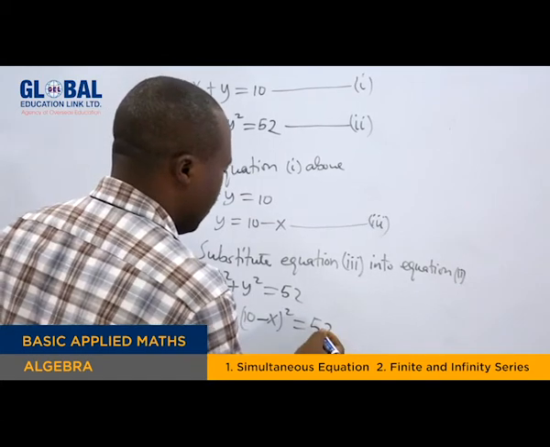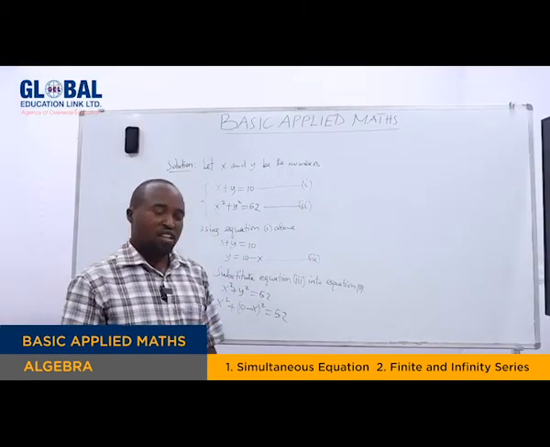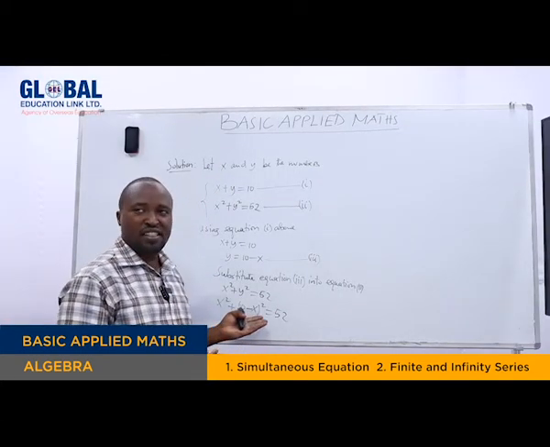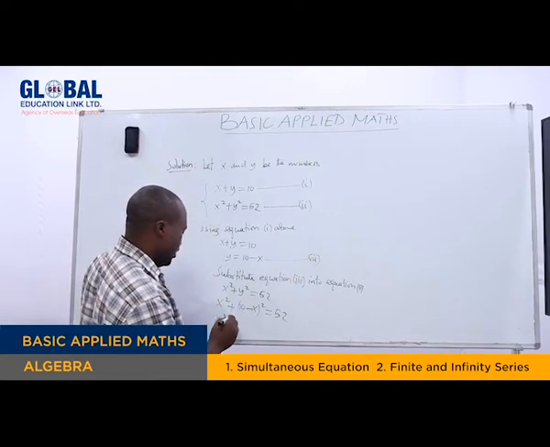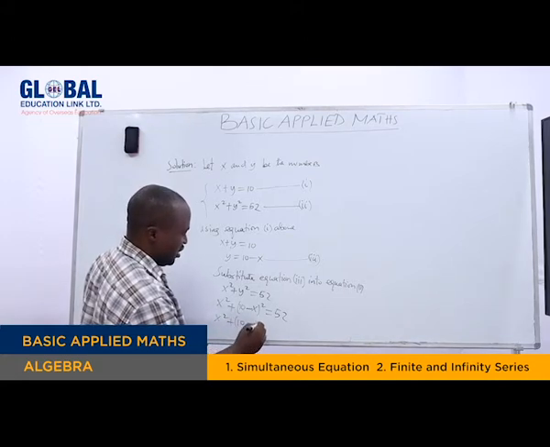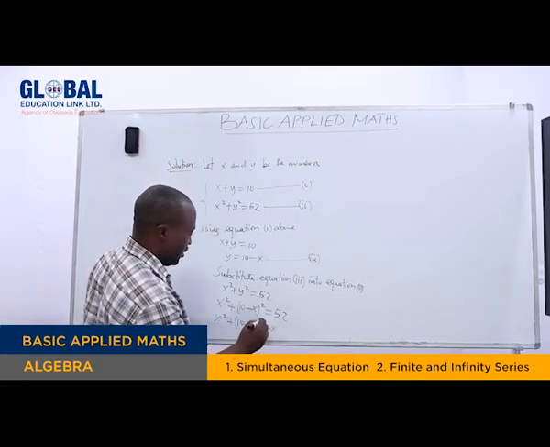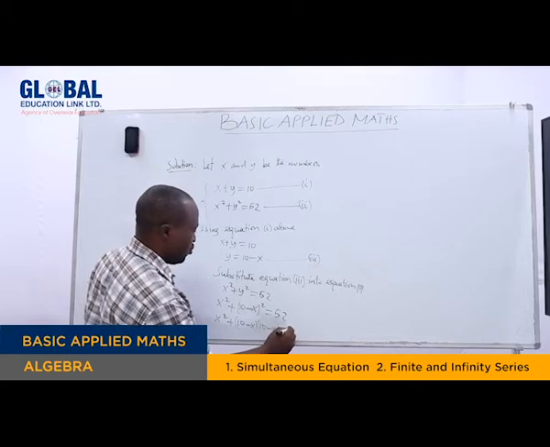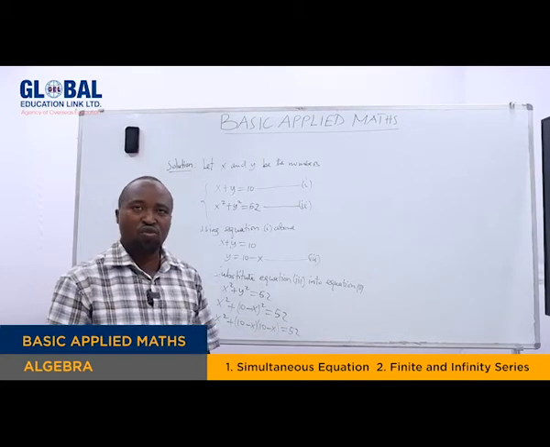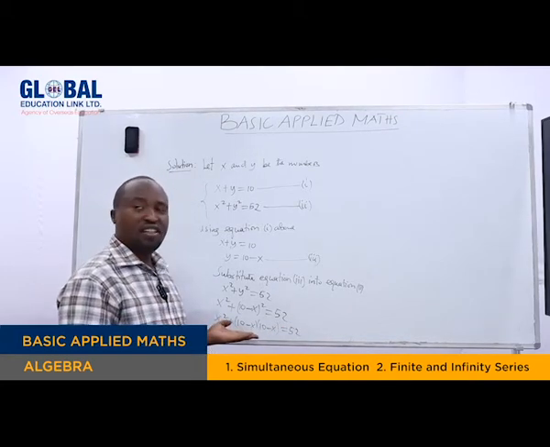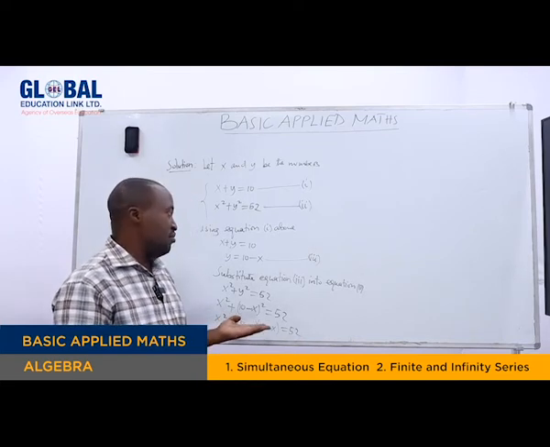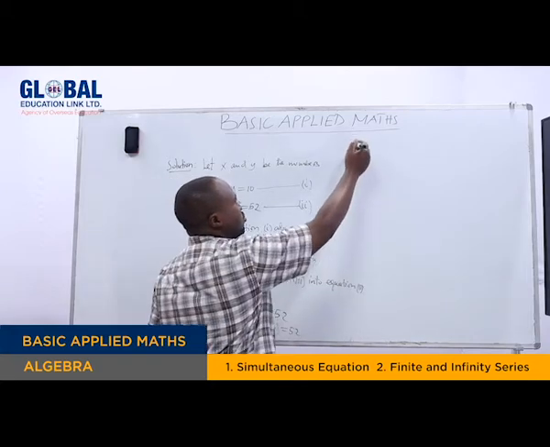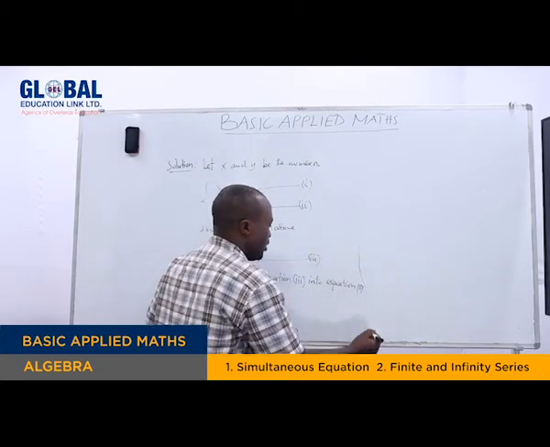Now we are supposed to expand (10 minus x) squared, which is 10 minus x times 10 minus x. What are we going to get?